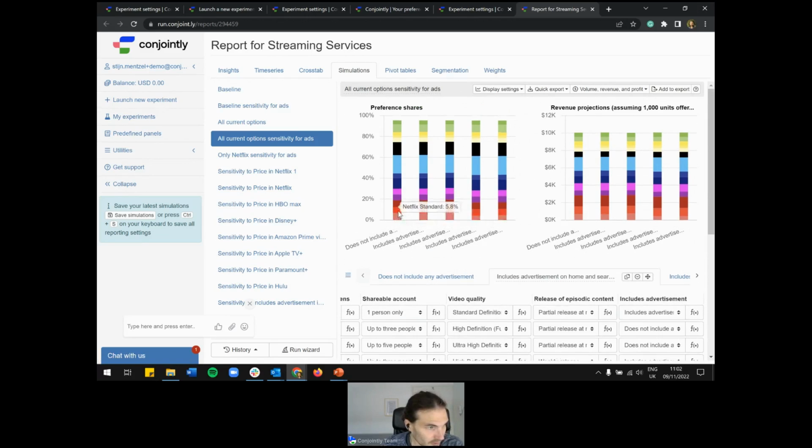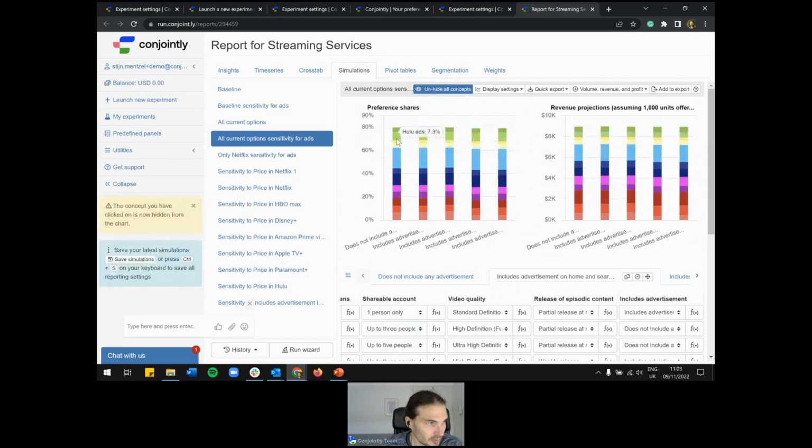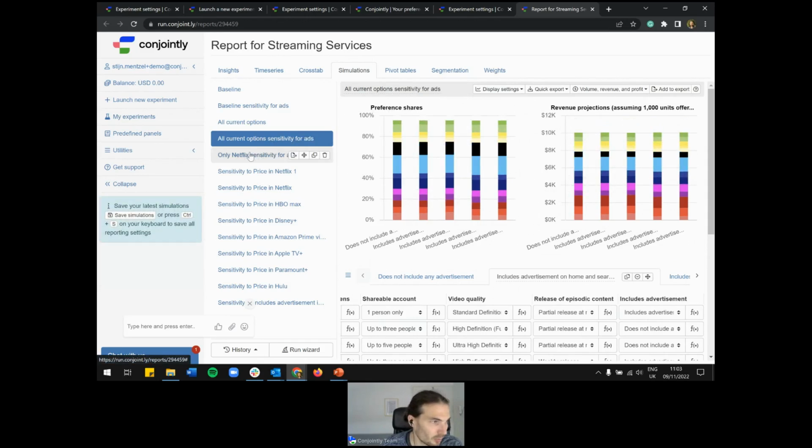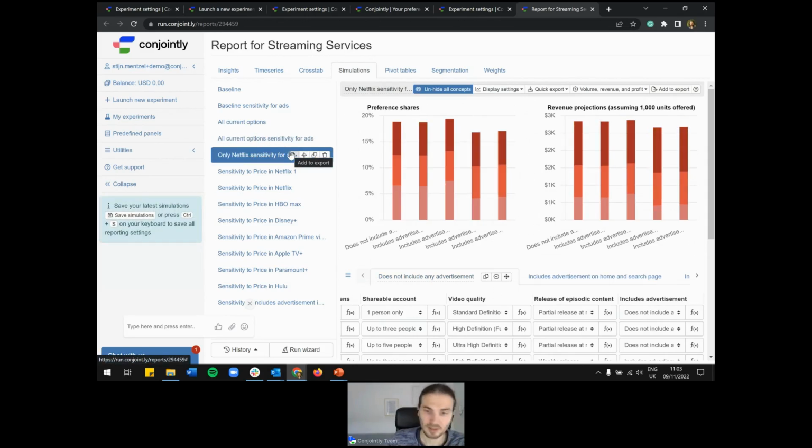Then here you can see the Netflix elements, but it's hard to read. So I'm going to hide all the other ones. Well, that takes a while. So let me just show you what I already made. And here you can see what happens when Netflix includes ads or different ad types in their cheapest version.